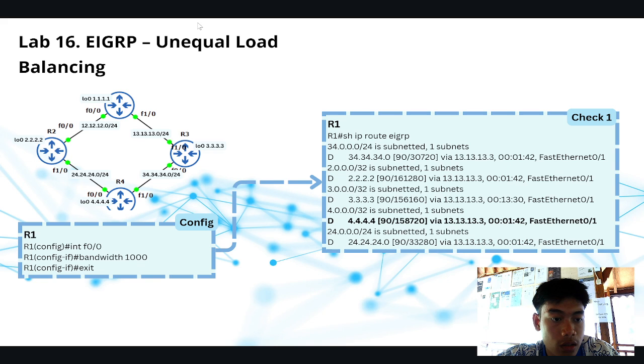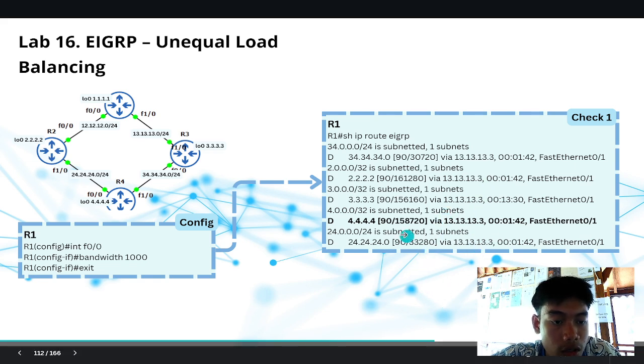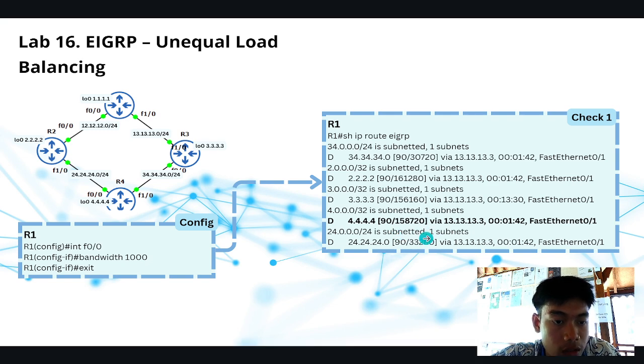In the routing table on router 1, show ip route EIGRP 4.4.4.4 is via 13.13.13.3 FA0/1. Only the path router 1, router 3, and router 4 is installed in the routing table. The alternative path via router 2 is not used because EIGRP by default only balances traffic across equal-cost paths.